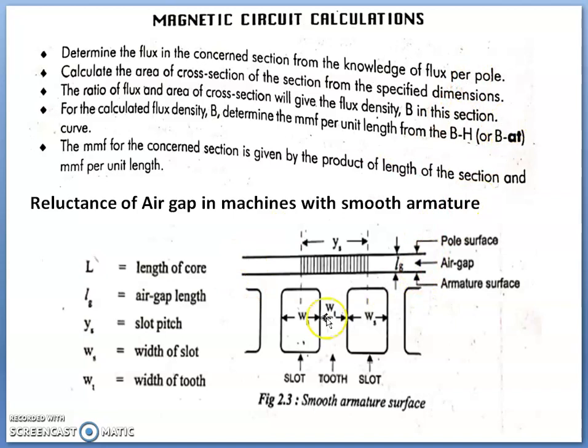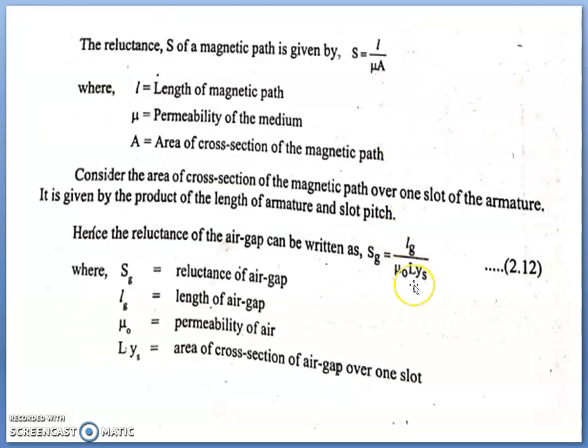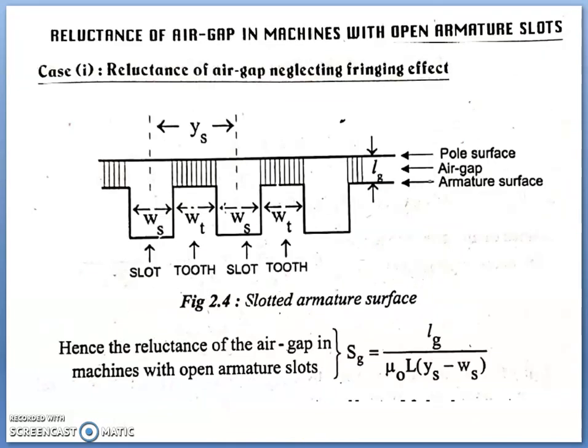So the other dimension for the cross section of the air gap flux is the length of the armature. The length of the armature multiplied by YS is the area of cross section of the air gap flux available in the machine. So SG is LG by mu naught into L into YS. This equation is for the smooth armature surface.